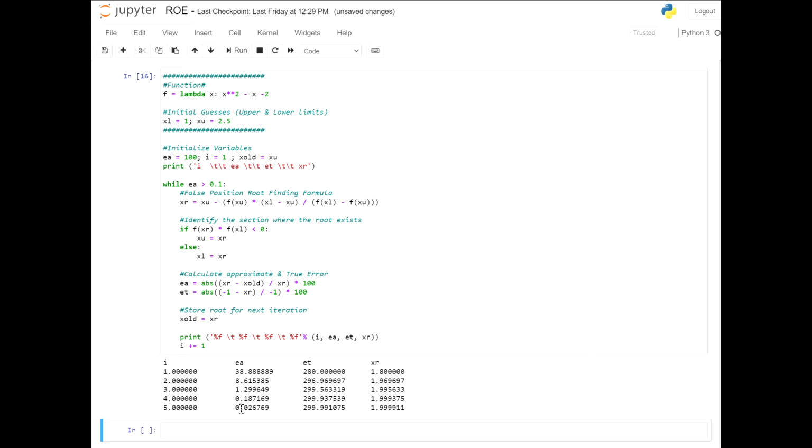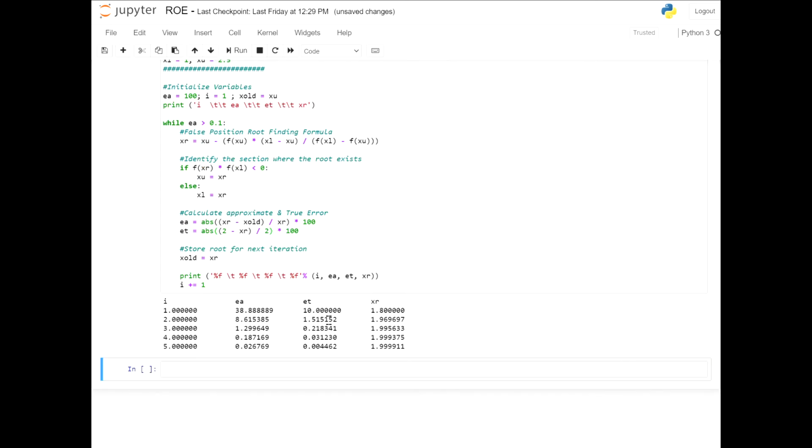We got to an error of 0.027, and you can see the root here is 1.999911. So a very, very accurate approximation. Let's adjust the true error here to 2 so we can get accurate values for the true error as well. So if I run this, now we have accurate values for the true error.